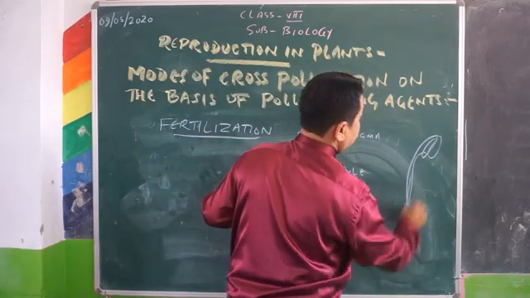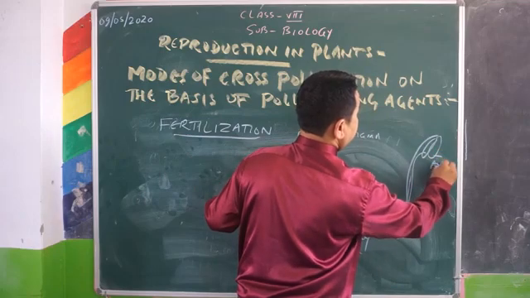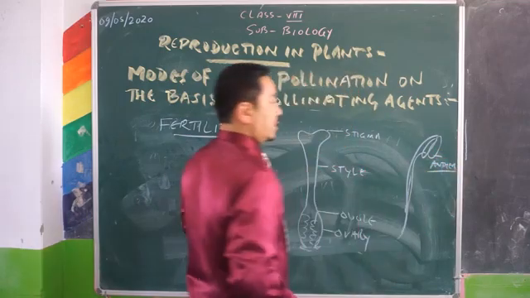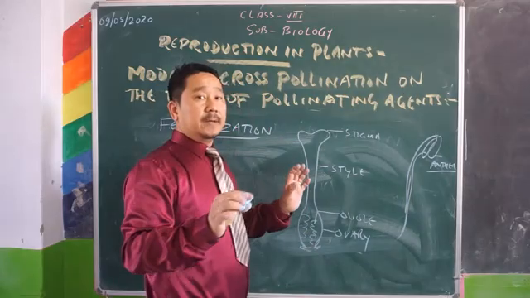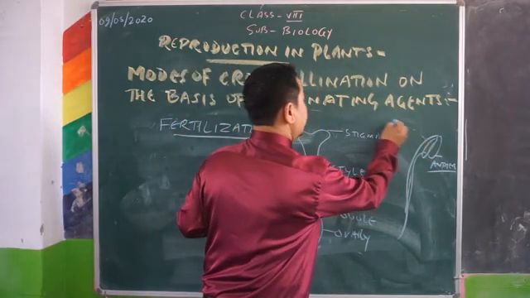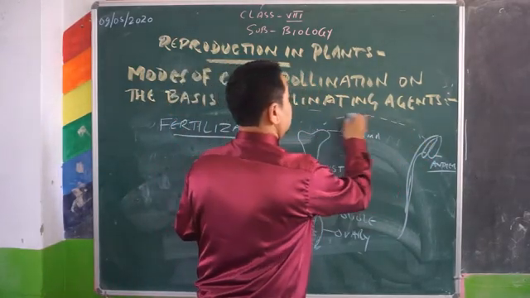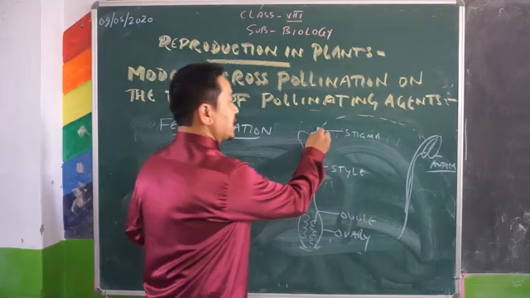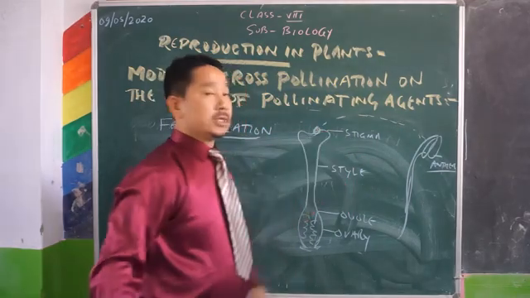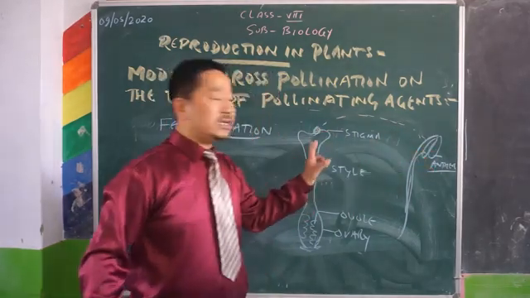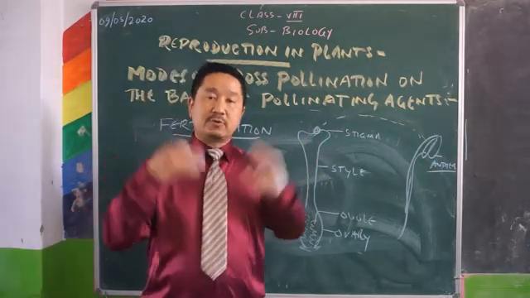Suppose this is the anther. We have already discussed the transfer of pollen grains from here to here. Pollen grains have been transferred here now. The transfer of pollen grains from the anther to the stigma is called pollination, which we have finished.